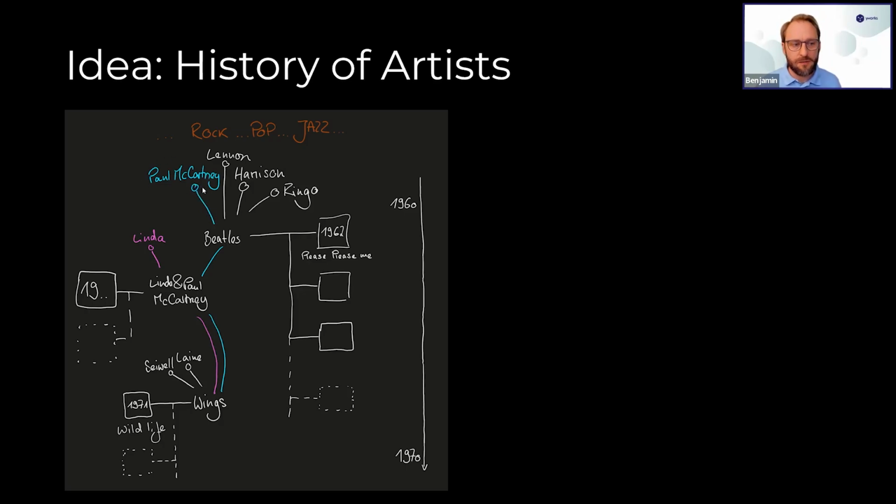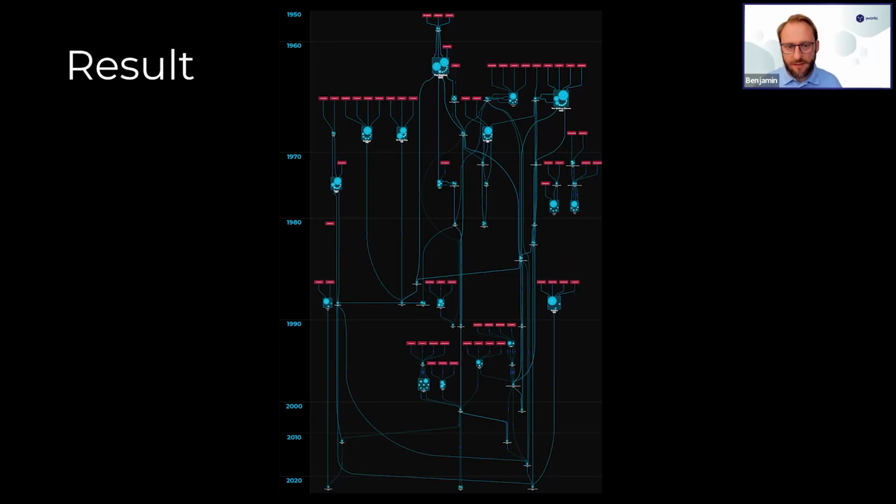For example, Paul McCartney is a member of the Beatles and also of the groups Linda and Paul McCartney and the Wings. The order of these nodes on this path should also represent the temporal component, so when the first releases of this music group were. In the episodes, I then showed that this could be an interesting idea to automatically visualize, and the result is this visualization here.